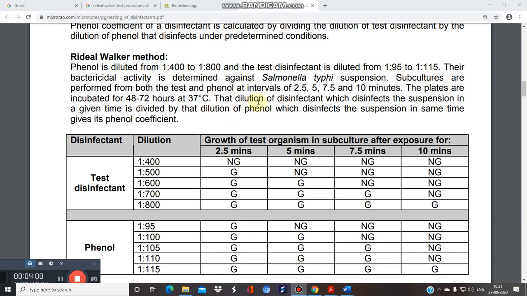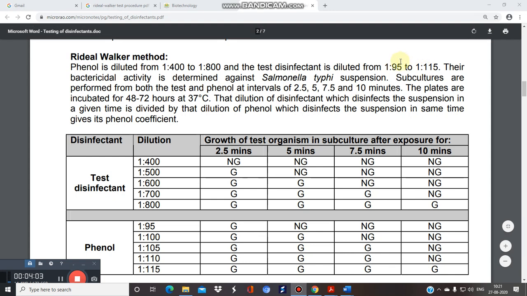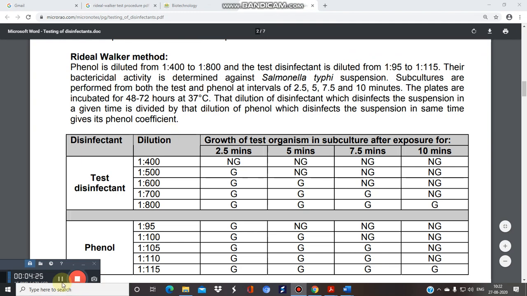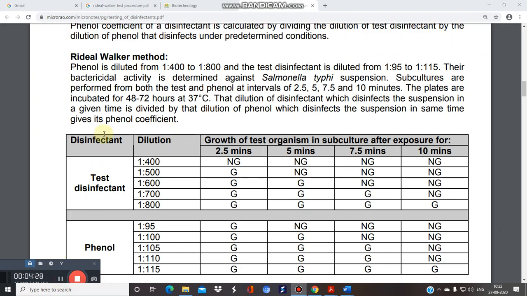So see again, the dilution of the disinfectant that kills the microorganisms in a given time is divided by the dilution of the phenol which disinfects the suspension in the same time, and that will give the value of the phenol coefficient. Okay, so very simple.